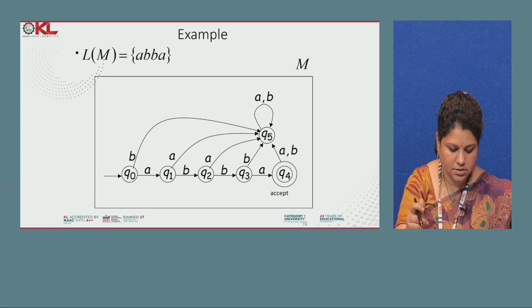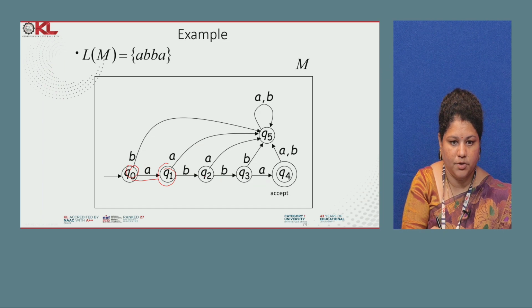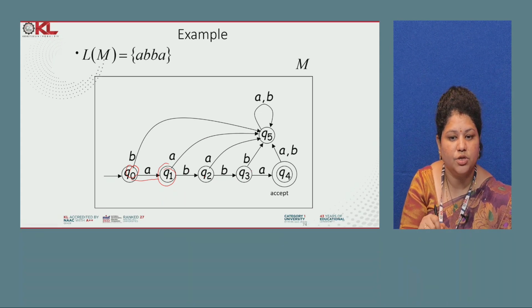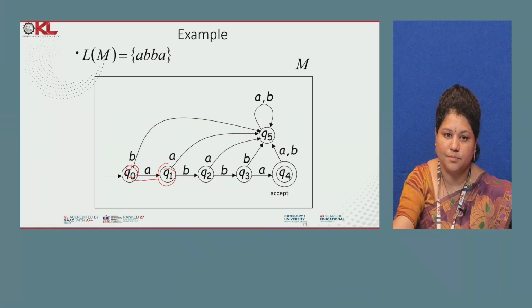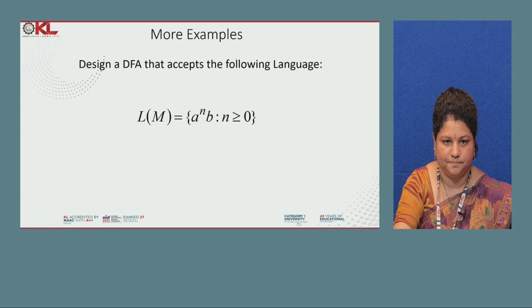ABBA means from the Q0 state it goes to Q1, and Q1 on B reaches Q2, Q2 on B reaches Q3, and from the given string A also, Q3 on A reaches Q4. In this way the string can be accepted from the given string ABBA.